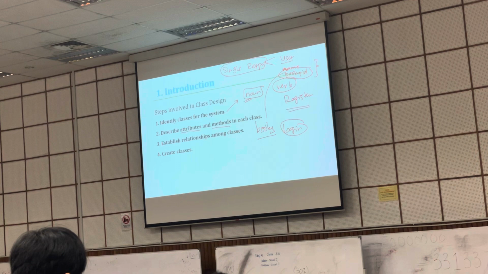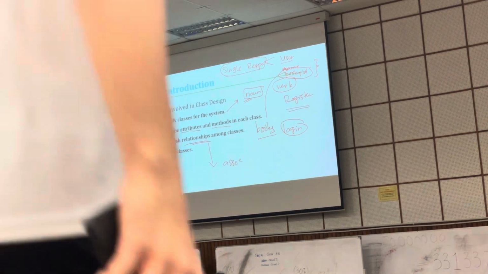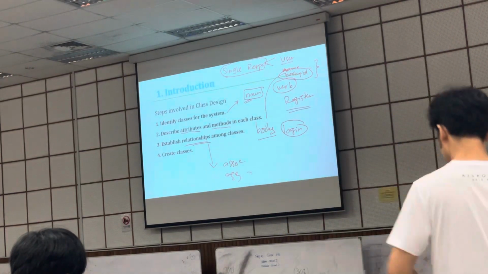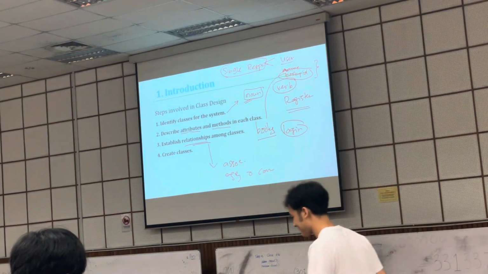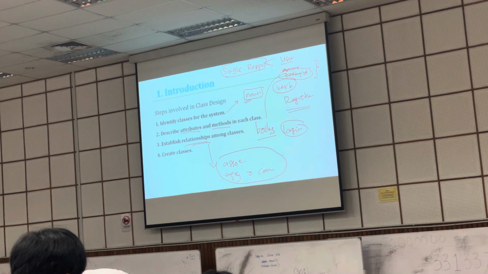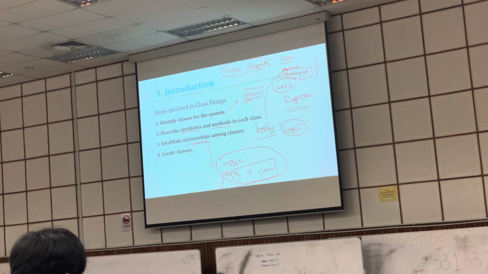Okay. Relationship, many of you are confused whether to go for association, aggregation or composition. Whether this or this one, you have to identify based on your program. I cannot say that this particular case cannot be a composition because it is based on your scenario, your business rules. Okay?